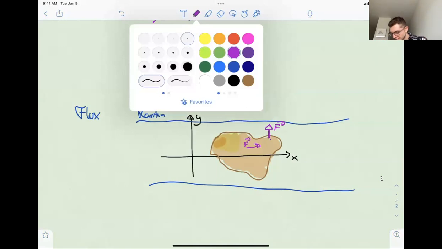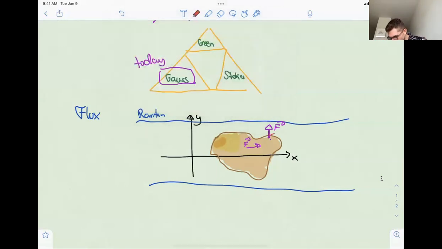So this curve has a normal vector, which I'm drawing here. And the flux was just the integral of this normal vector.